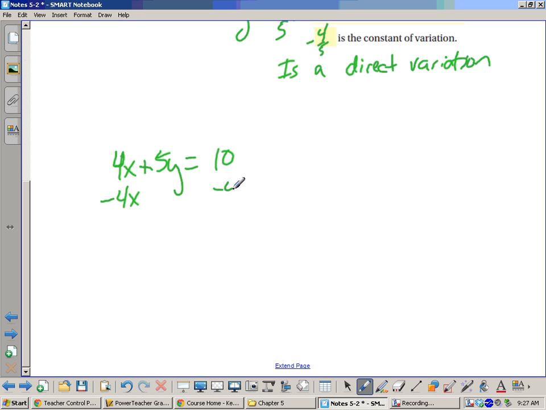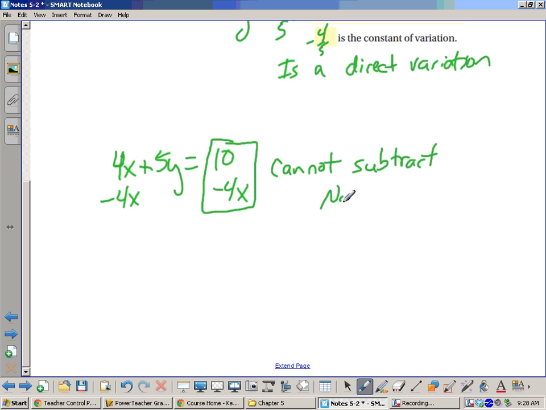We would subtract 4x. But this cannot be subtracted. Not like terms. So we have to write it as 10 minus 4x. That's it. We can't subtract it.